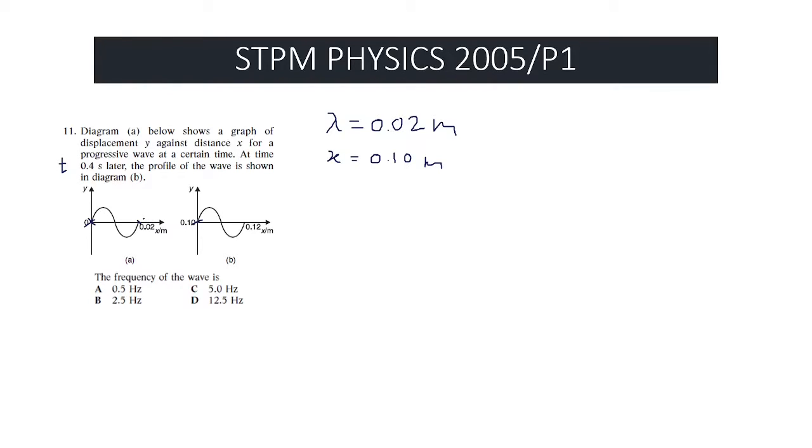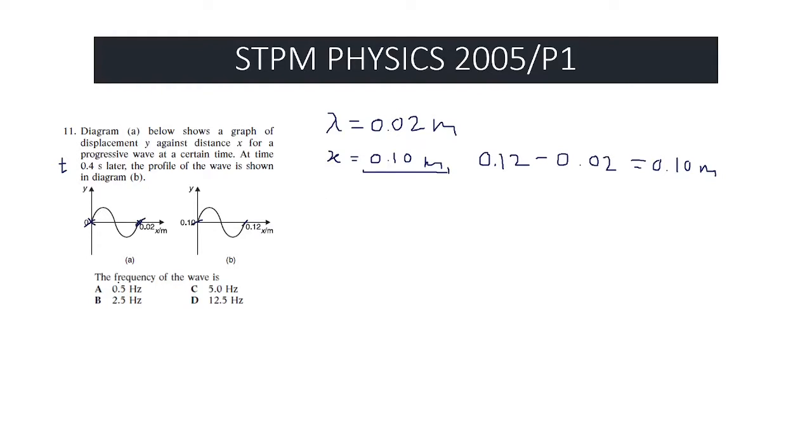For example, you can start from 0.02 meters here and end up with 0.12 meter. So you can write 0.12 minus 0.02. You will still get the same answer, 0.10 meter. As long as you know what you are doing, it is okay to use any point for reference.